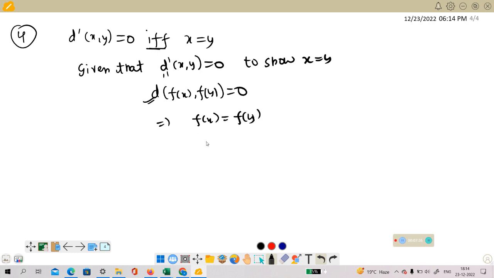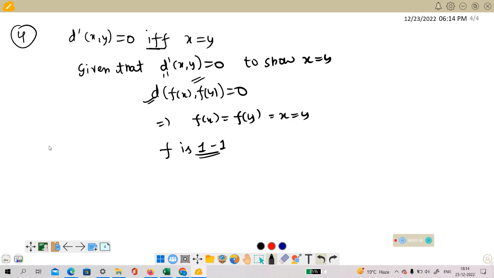Here we will use the fact that f is 1-1. We haven't used the 1-1 property of f until now, but for this property it is important: f(x) equal to f(y) implies x is equal to y. So we have proved it one way.